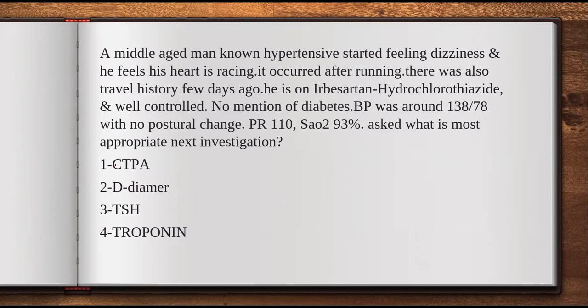That means this patient is having decompensated, which means unstable heart failure. Compensated means you have given medications and the patient's symptoms are well controlled. That means it's stable heart failure.